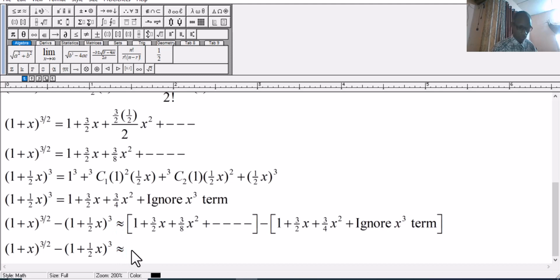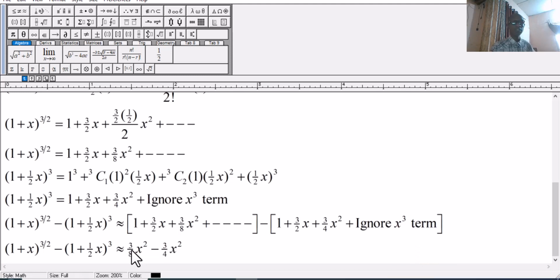So this will now be 1 minus 1, that will be 0. This 3 over 2 will also be subtracted from this. So what we are left with is 3 over 8 x squared minus 3 over 4 x squared.